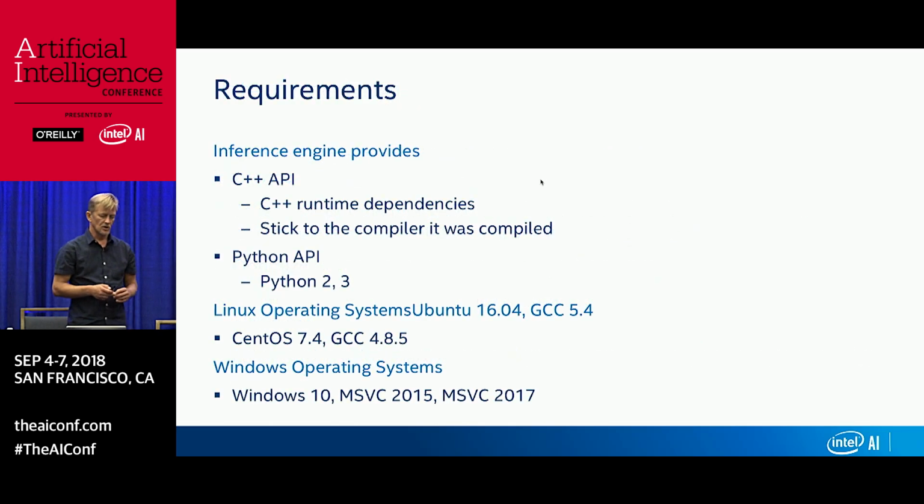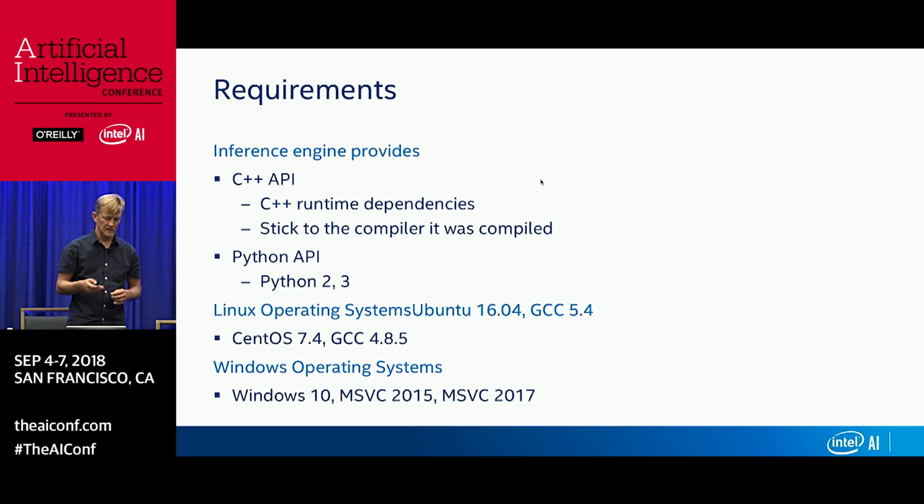So the inference engine provides C++ and Python APIs. The C++ version has runtime dependencies on the C++ version that we use to compile the inference engine. For now, this is GCC 4.8 and above. For Python, we have support for Python versions 2 and 3.